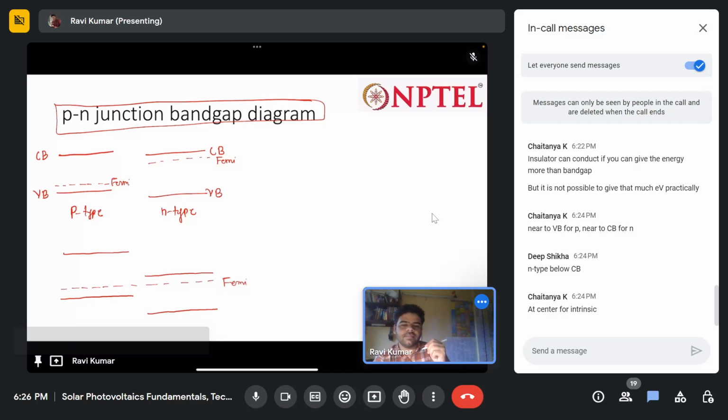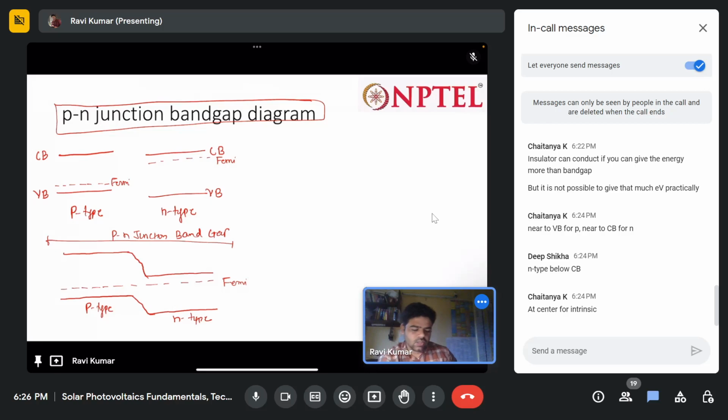We are making those devices at the atomic level, so it will be like this. This is our p-type and this is our n-type, and this complete diagram is for the p-n junction band gap. This is how we draw a p-n junction band gap.